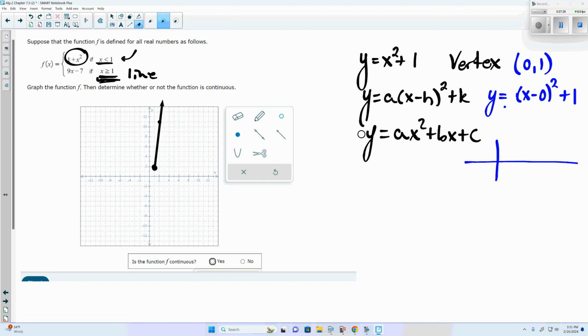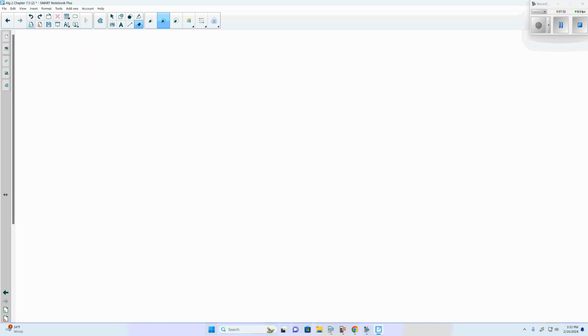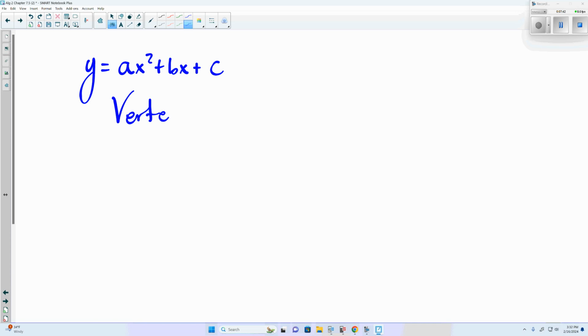So that's nice to know. Now if it had been in standard form, I'll add this here as a side note, ax squared plus bx plus c, to find the vertex we would use the point (negative b over 2a, f of negative b over 2a).